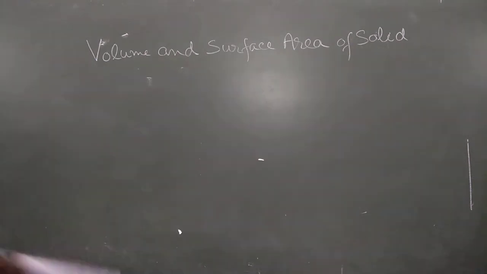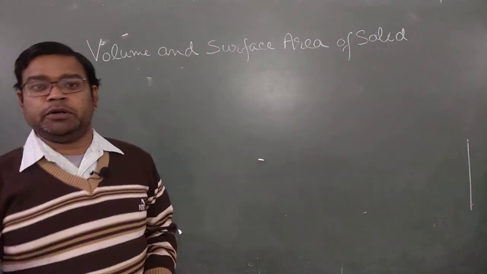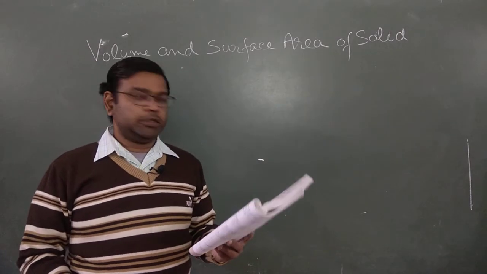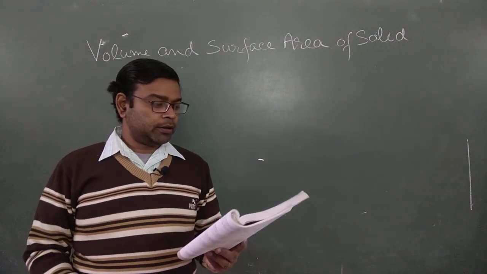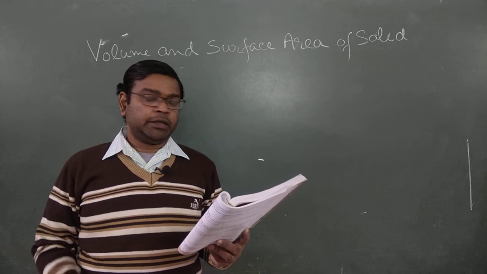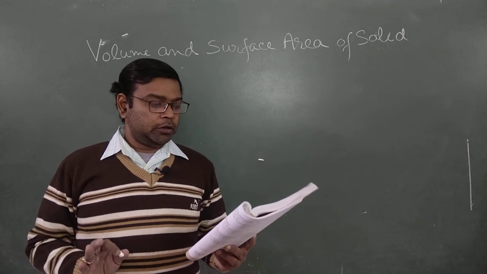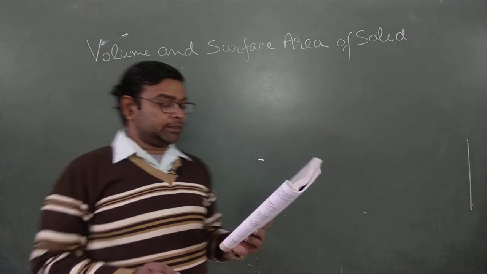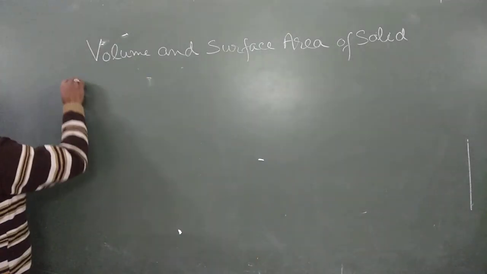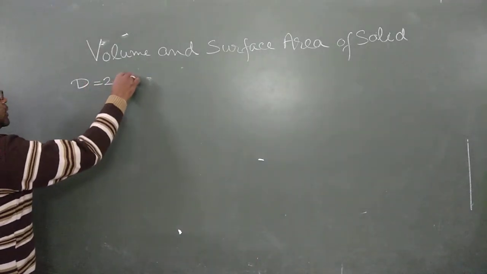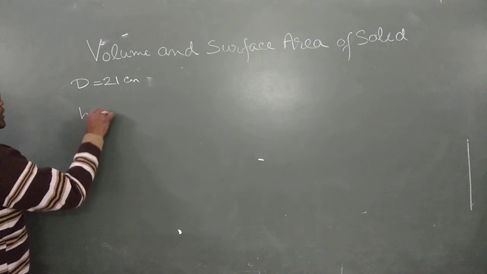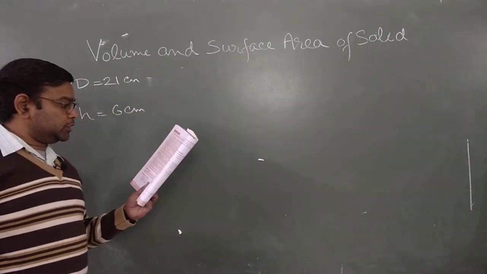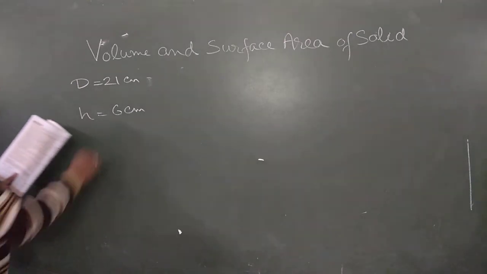Okay, in this video's last question, because this video is the lengthiest one, I have to end with this last question. A cylindrical vessel open at the top has a diameter of 21 centimeter and height of 16 centimeter.